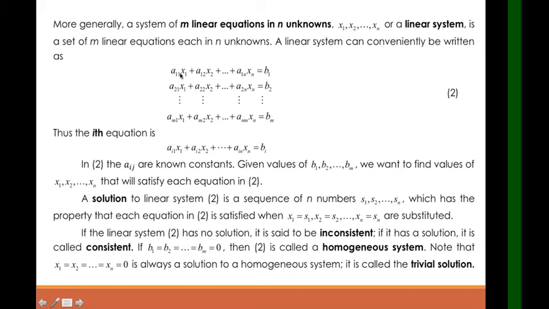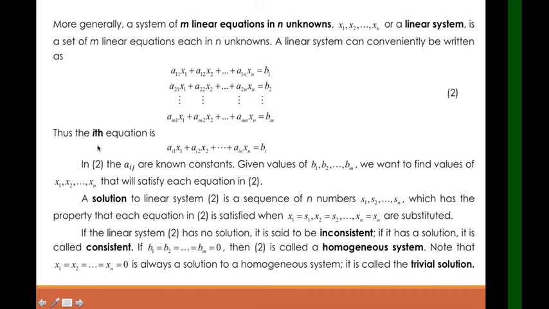Nag-iiba, kung nakikita mo, pareho lang silang 1, 2, and then, dito n, kasi ibig sabihin, hindi natin alam kung pang ilang column yan. But in row naman, ayan, nasa isang row lang siya, 1, 1, 1, 2, 2, and 2. And then ito, m, bakit m? Kasi hindi natin alam pang ilang row na siya.